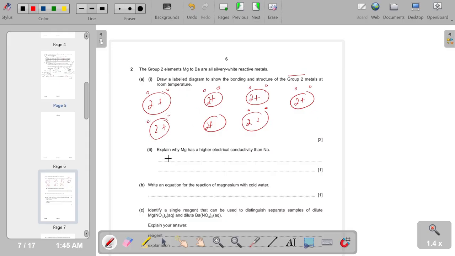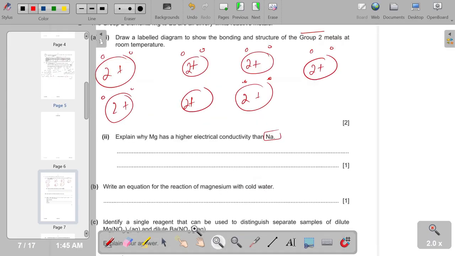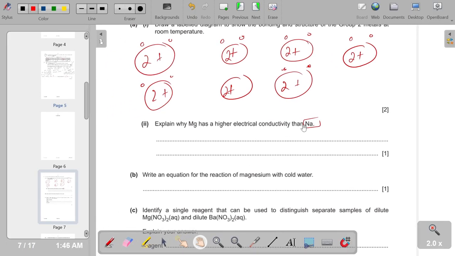Explain why magnesium has a higher electrical conductivity than sodium. You can see sodium is from group 1, so it carries positive 1 charge. Magnesium is from group 2. It carries 2 positive with 2 outermost electrons.